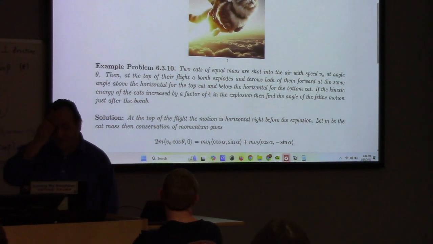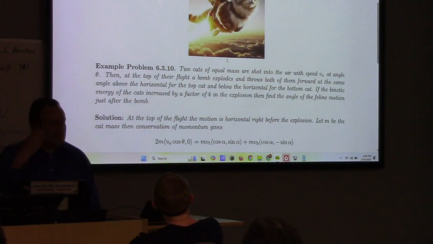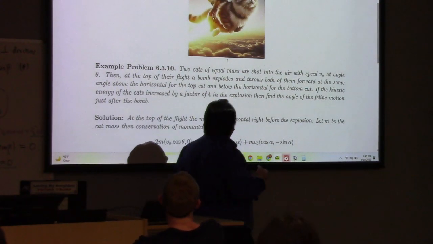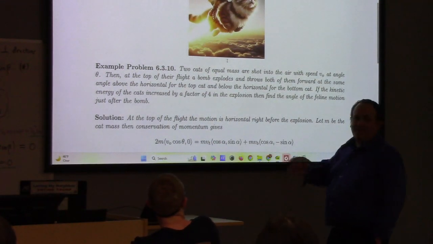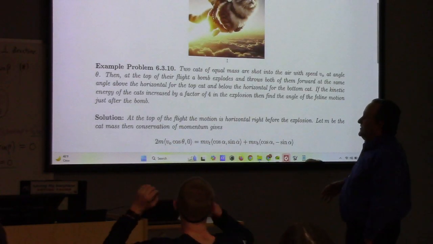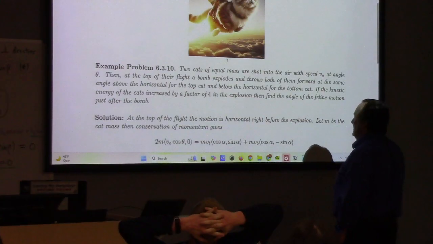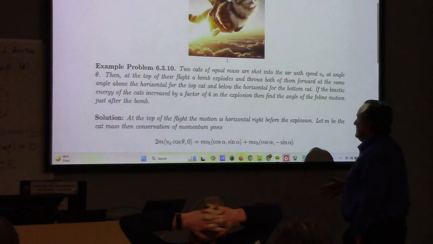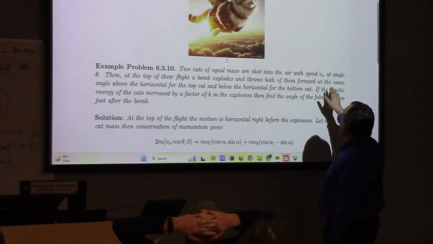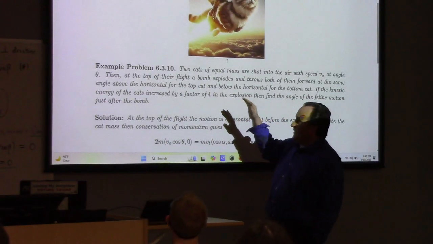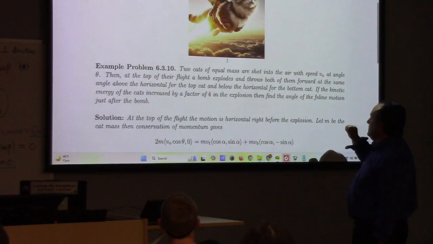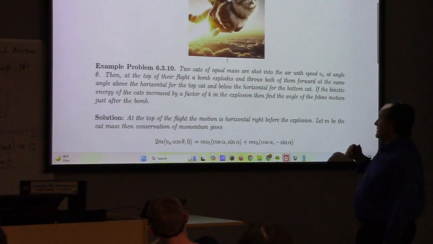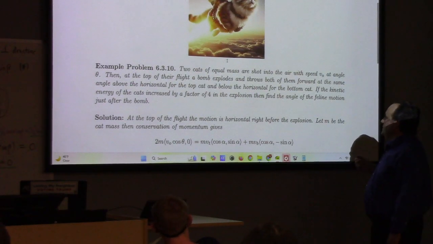So here's the deal. Two cats of equal mass are shot into the air with a speed v naught at angle theta. My art has its limits. Please, bear with me. At the top of their flight, a bomb explodes and throws both of them forward at the same angle above the horizontal for the top cat and below the horizontal for the bottom cat.